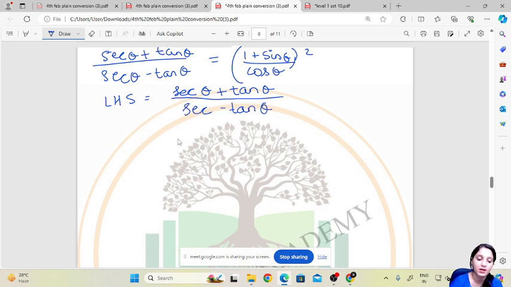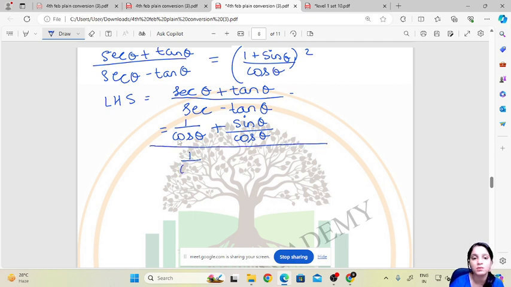Now, how we can write sec theta? We can write 1 upon cos theta plus tan theta is sin theta upon cos theta. Then the whole upon sec theta again is 1 upon cos theta minus tan theta is sin theta upon cos theta.